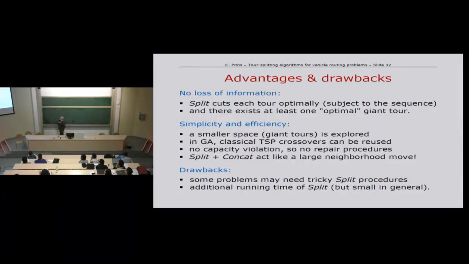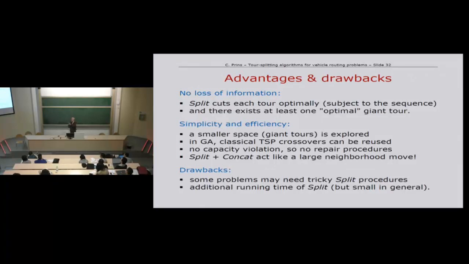Also, it was a remark by Federico della Croce. He said, it's funny, your split plus concat act like a large neighborhood move. If you have made a local search for the VRP, for instance, you transfer one customer to another route. It can be improving or not improving.